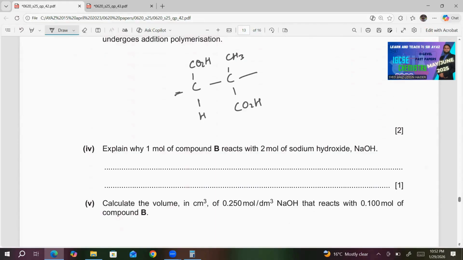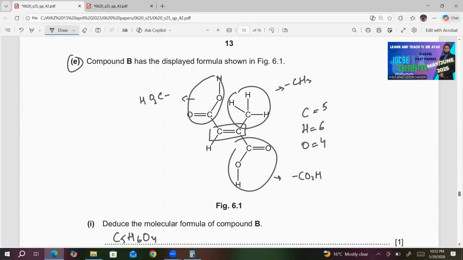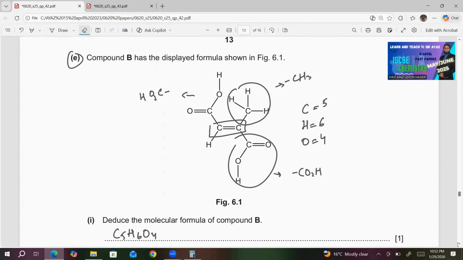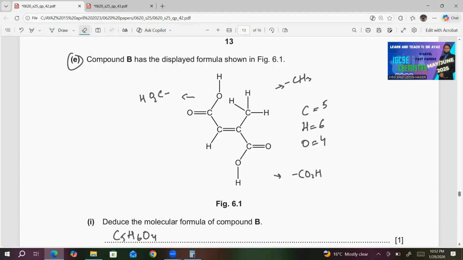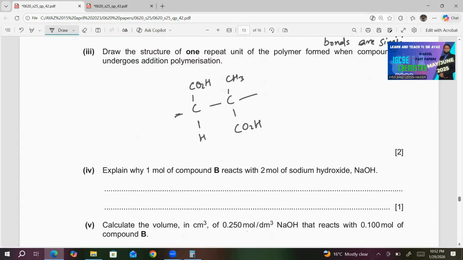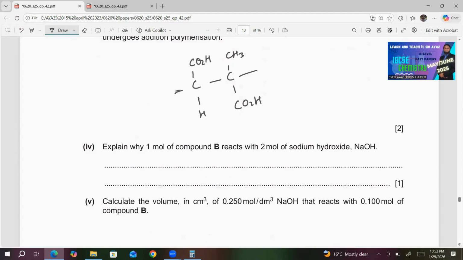Explain why 1 mole of compound B reacts with 2 moles of sodium hydroxide, NaOH. Now if you look at the structure, it contains carboxyl group, 2 carboxyl groups. These carboxyl groups are acidic groups. So these 2 hydrogens will be replaced by sodium. On reaction with this sodium hydroxide, these will be replaced by sodium and water molecule will be formed.